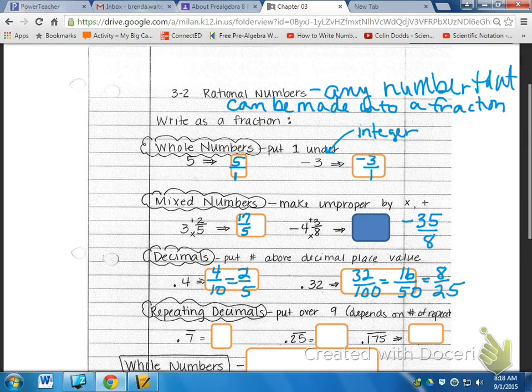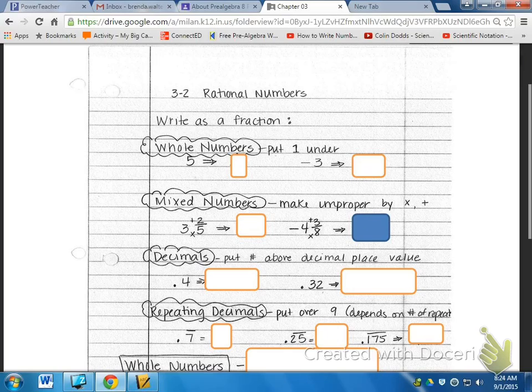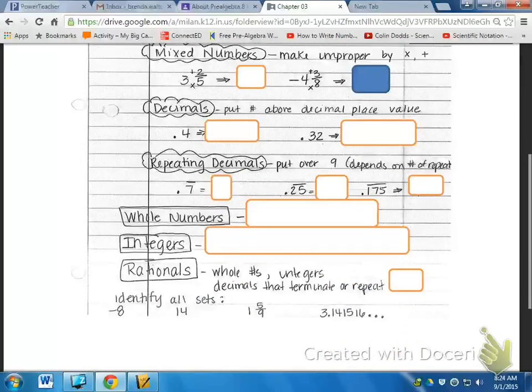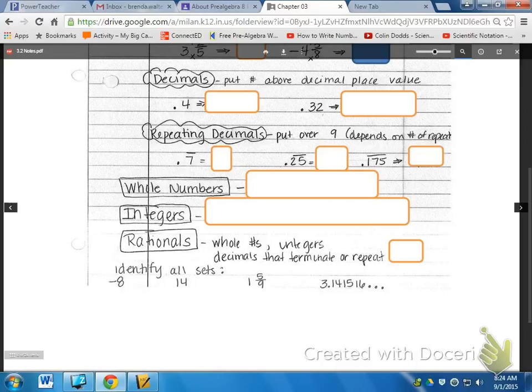Any questions about those? All right, I am going to go down here. We're going to talk a little bit about repeating decimals and how those become a fraction. So the first one is 0.7 repeating.